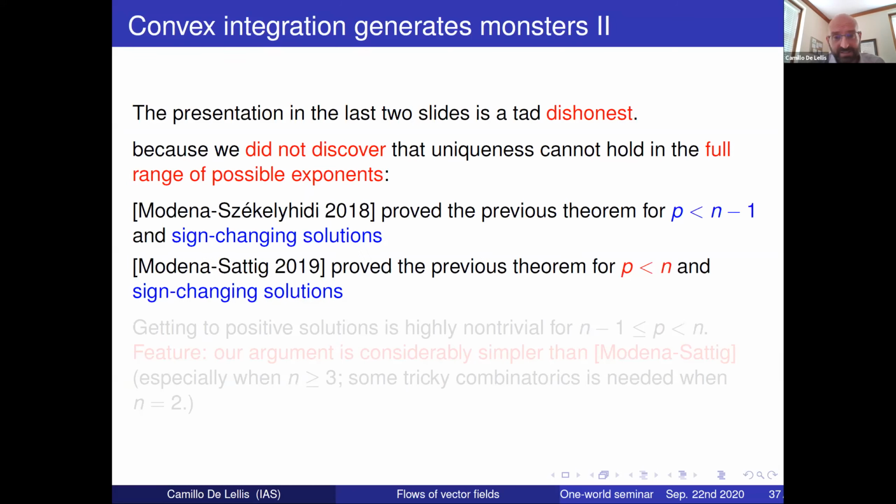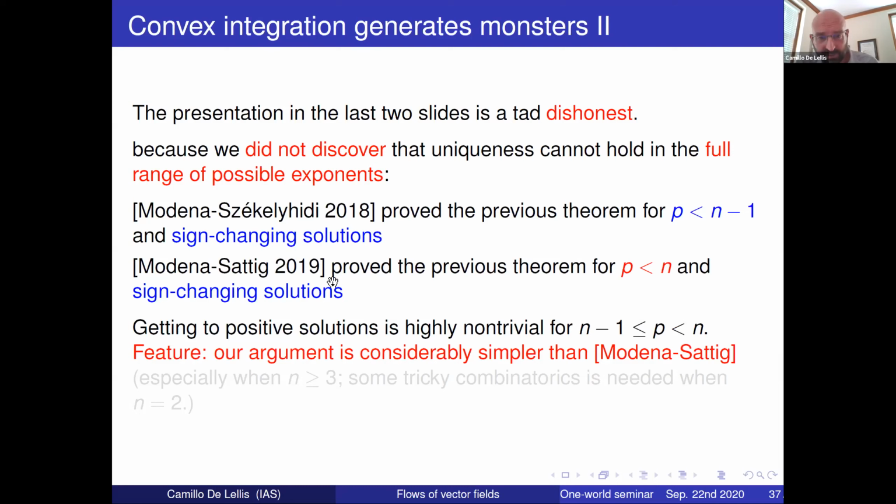And in fact, Modena and Sattig one year ago got the optimal range of exponents. Our contribution was getting to positive solutions, and the non-triviality is especially in the range between n-1 and n. One of the features of our argument is also that you can recover this theorem by Modena and Sattig, not only with positive solutions, but the argument that we give is somewhat simpler.